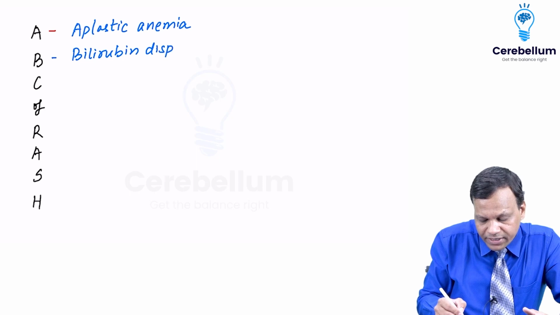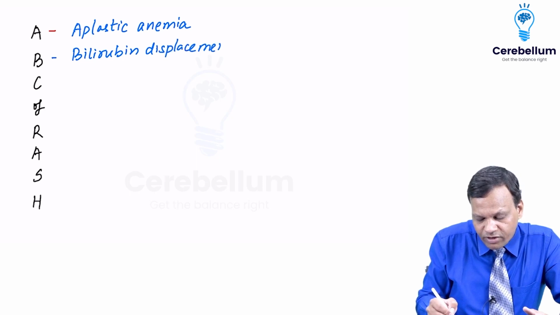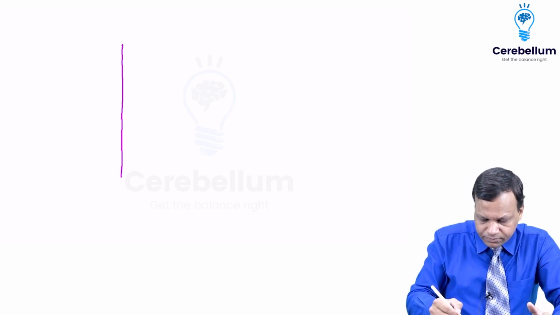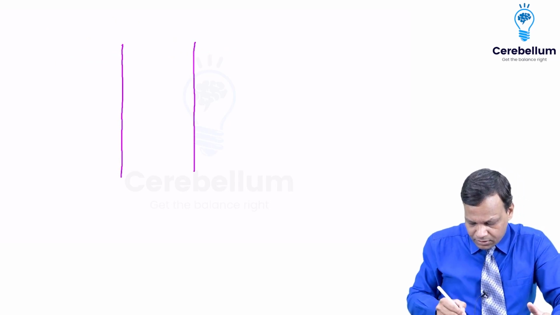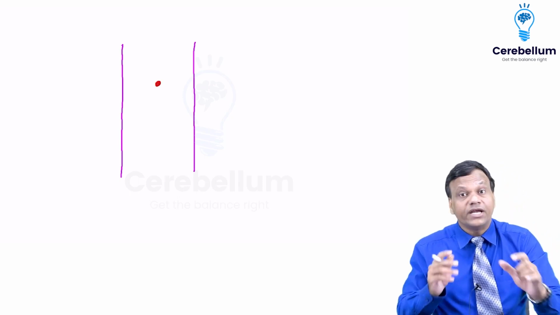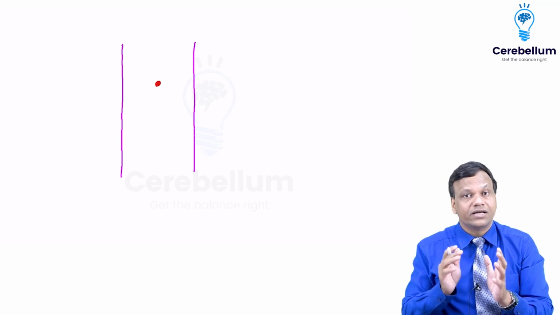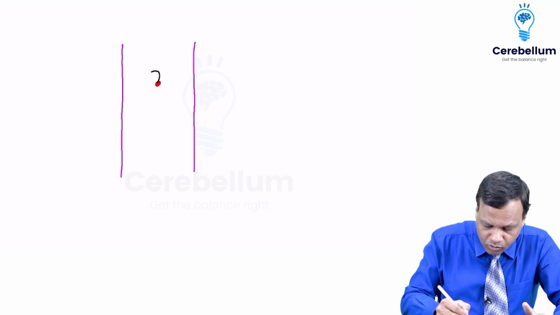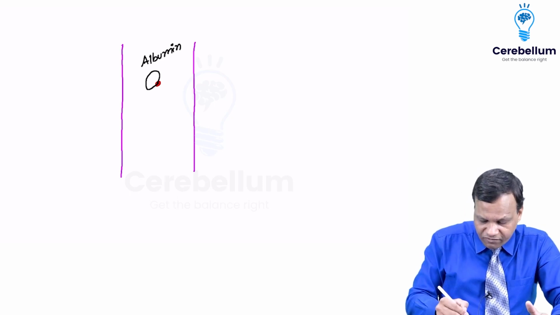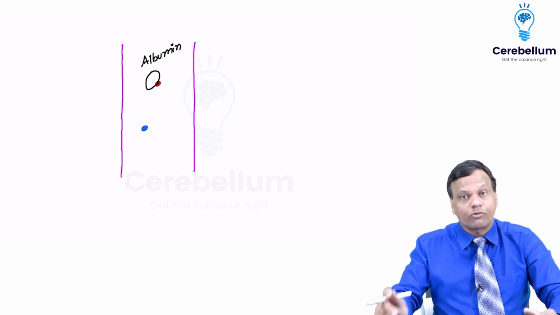What we mean by bilirubin displacement is, this is our blood, this is bilirubin. So bilirubin normally does not remain free in the blood. It always remains bound to albumin. So this is albumin.